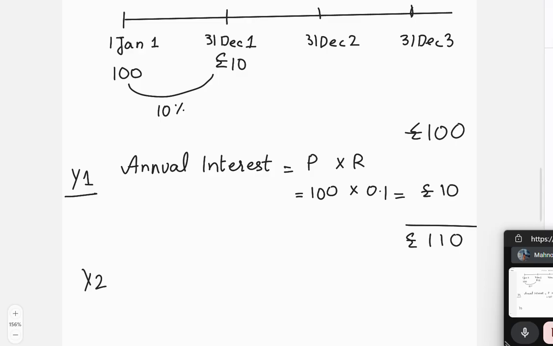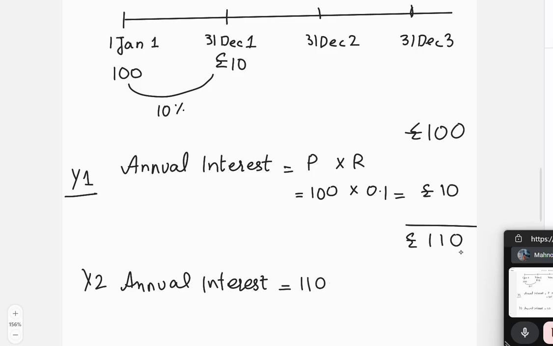Now, for year 2, you have to work out the interest on this 110. You cannot work out the same interest you had calculated for year 1. So, the annual interest for year 2 is on 110.